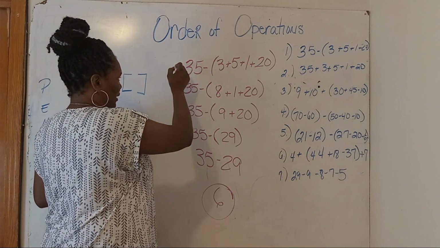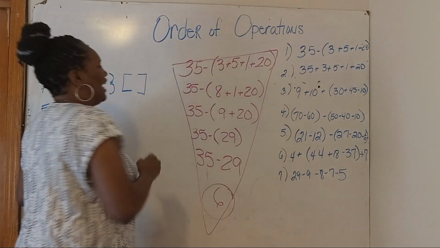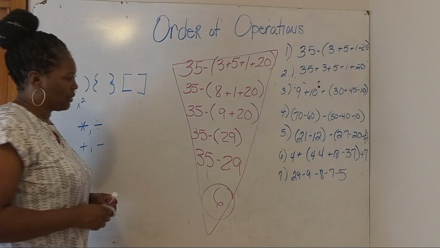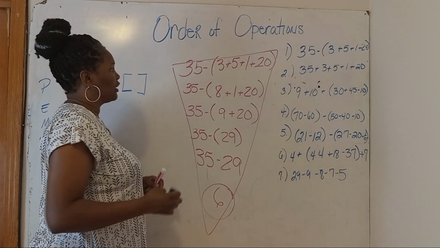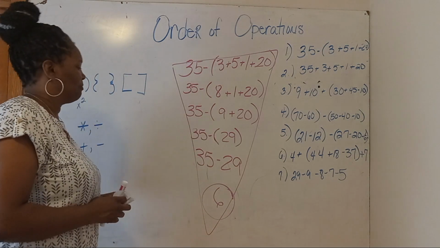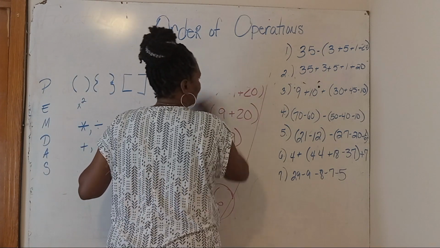But look, this whole thing looks like a Dorito. And that's why I call order of operations Dorito problems, because they look like Doritos. Okay? And you see how we just went step by step by step. All right. Let's do the next problem.